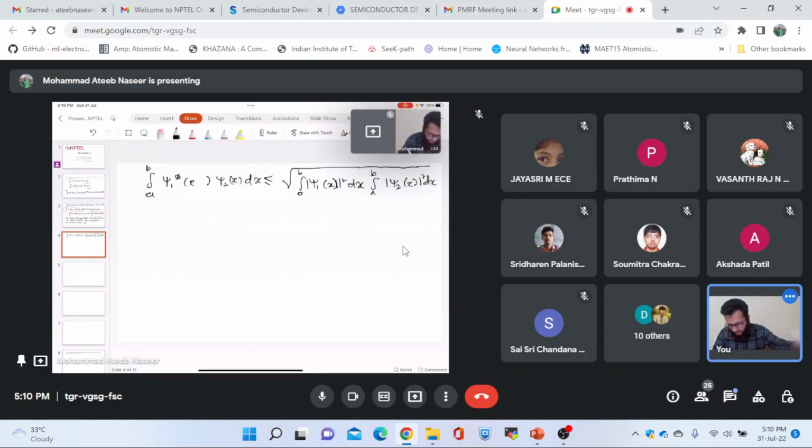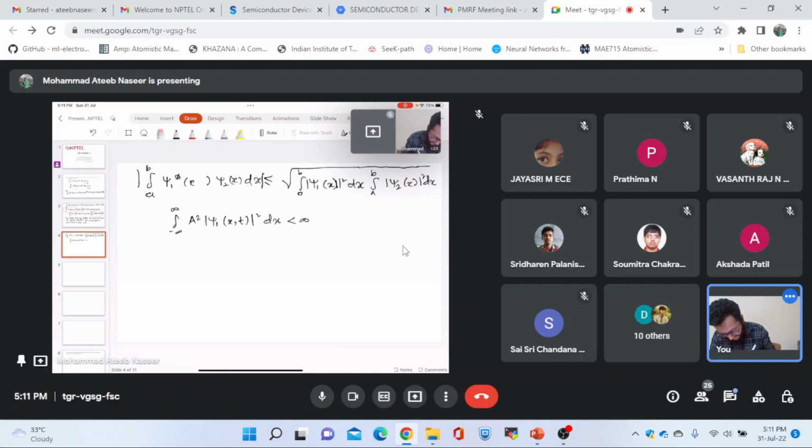So what does this show? Since this quantity has to be always less than the square root term, and we know how these terms are related, in magnitude, because we know that the integral from minus infinity to infinity of psi1 of x comma t squared dx is less than infinity.